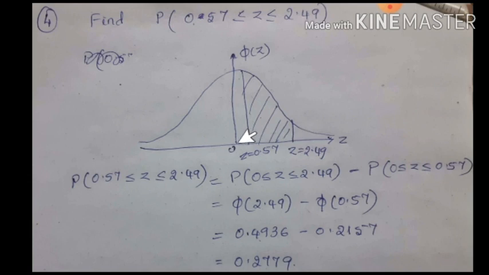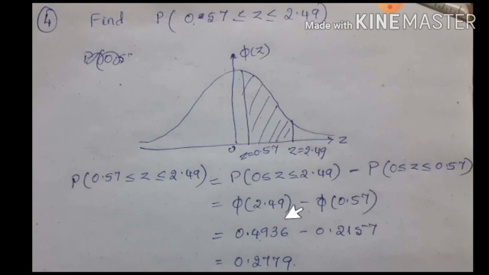Hence what we do, I will find the area from 0 to 2.49 first, minus the area from 0 to 0.57. I am getting the area between 0.57 to 2.49. Let me repeat. Take the area from 0 to 2.49, subtract it with the area 0 to 0.57, then we get the remaining area.